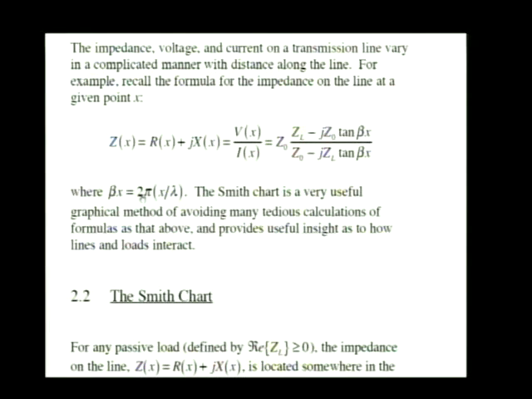Beta is 2 pi over lambda, so we can write it as 2 pi x divided by lambda, sort of a normalized version of the position on the line, the value of x with respect to a wavelength.